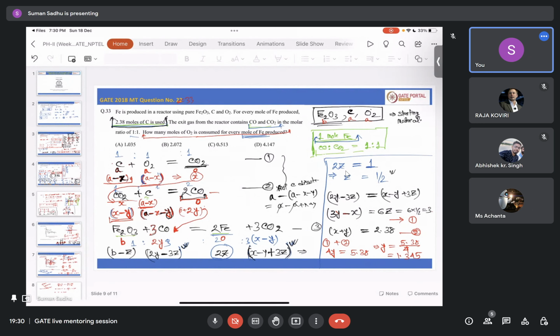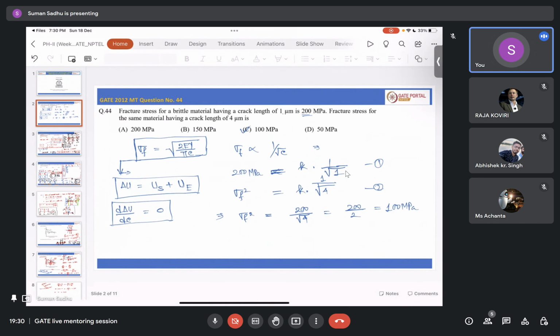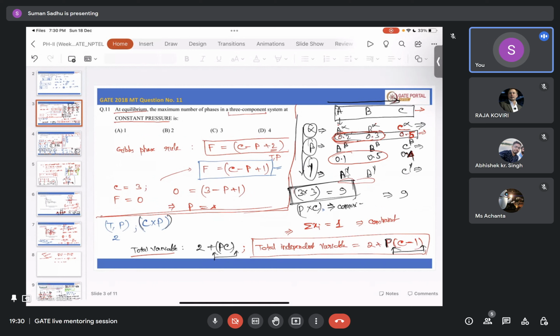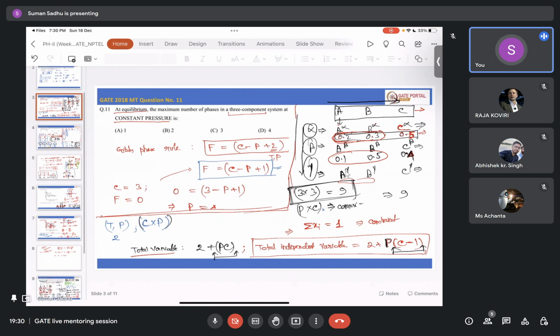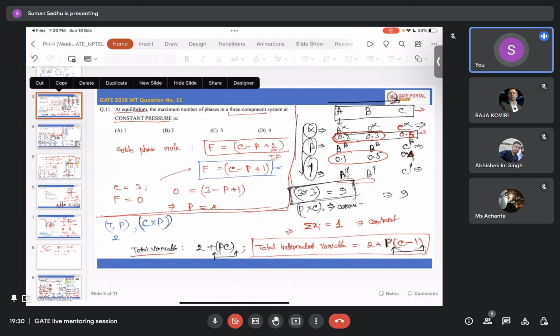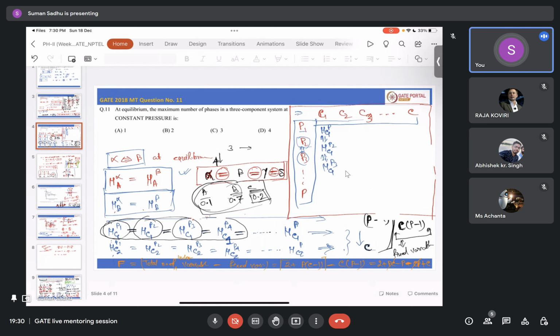Clear, sir. Okay. The first question was related to Griffith's theory for brittle fracture. The second question covered the concept of the Gibbs phase rule. I also showed you the derivation, and I request all of you to read the phase rule again so that the concept gets clear.